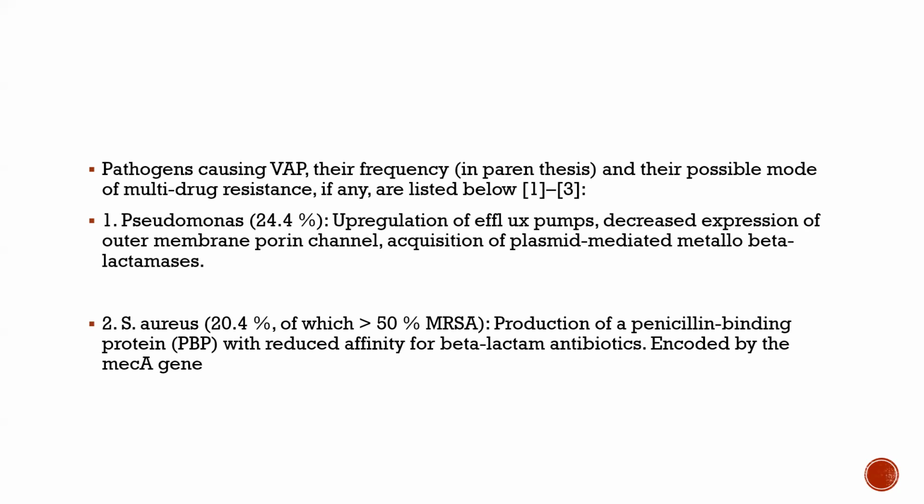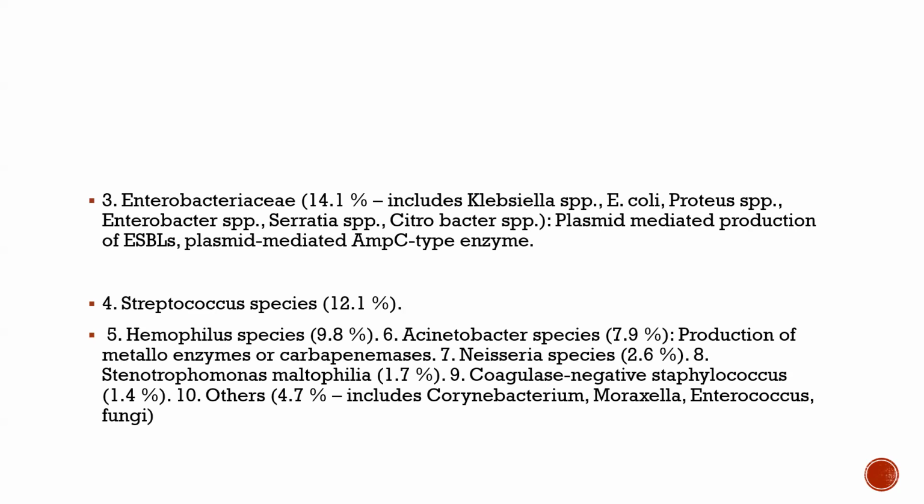The mode of resistance is production of penicillin-binding protein with reduced affinity for beta-lactam antibiotics, encoded by the mecA gene. Then Enterobacteriaceae, 14.1%. It is plasmid-mediated production of ESBL and plasmid-mediated AmpC enzyme.